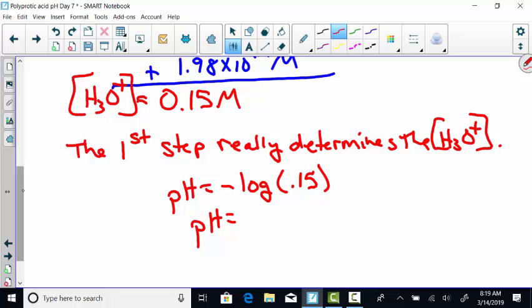I'll just do it quick. So your pH should be 0.82, if I did that right. Okay?